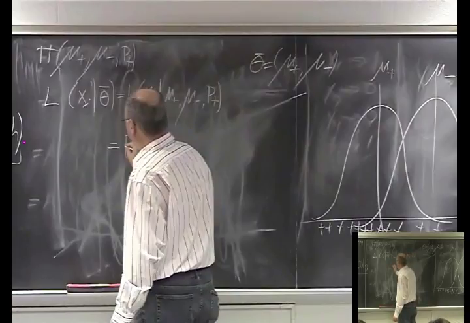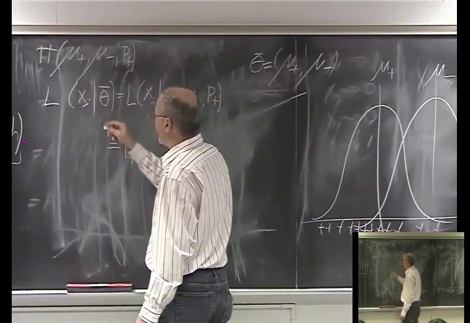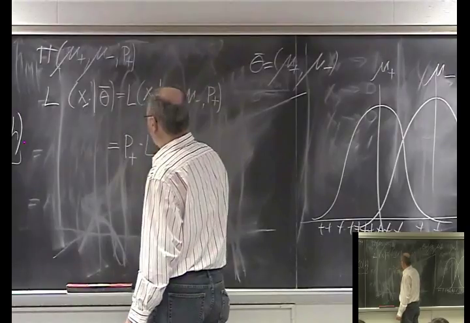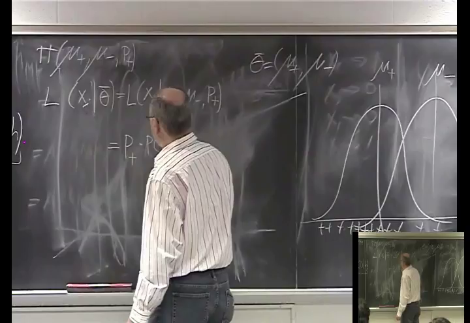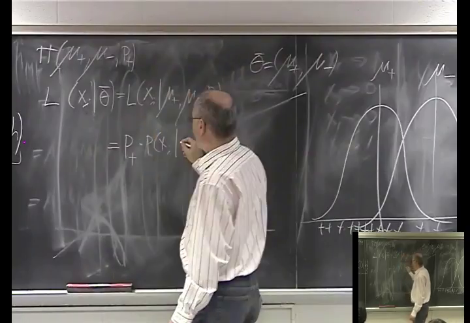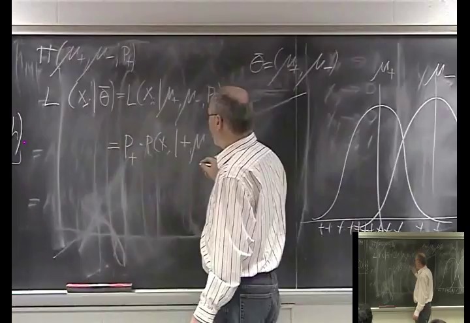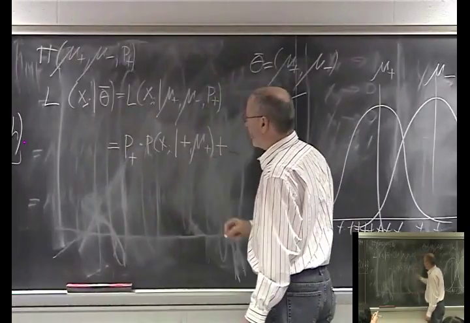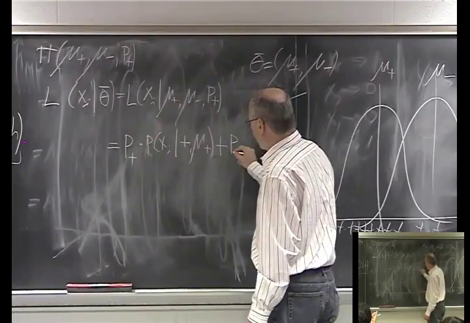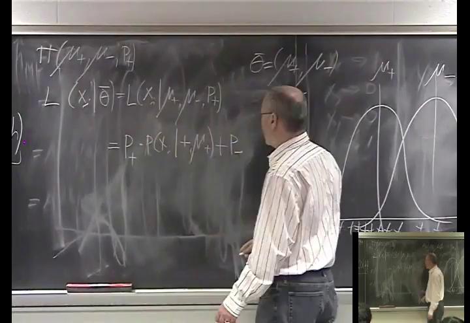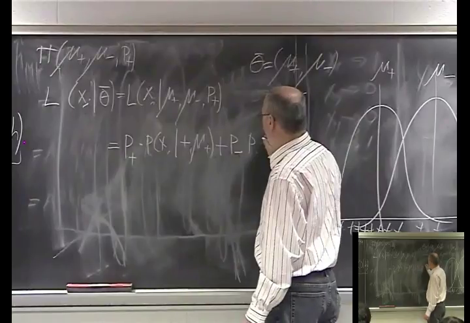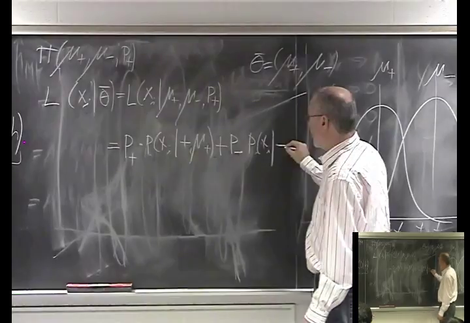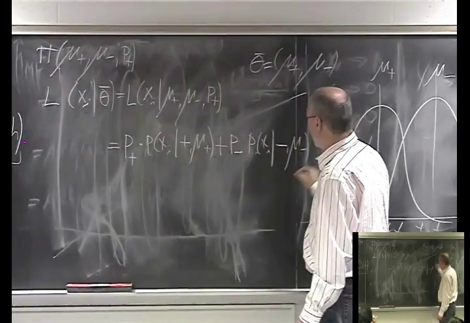So there's a probability of p plus that I generated it as a positive point, times the probability of generating this xi given that I'm in the positive case and I'm using mean mu plus, plus the probability p minus, which is 1 minus p plus, times the probability of generating the same data point given that I'm in the minus case and mu minus.